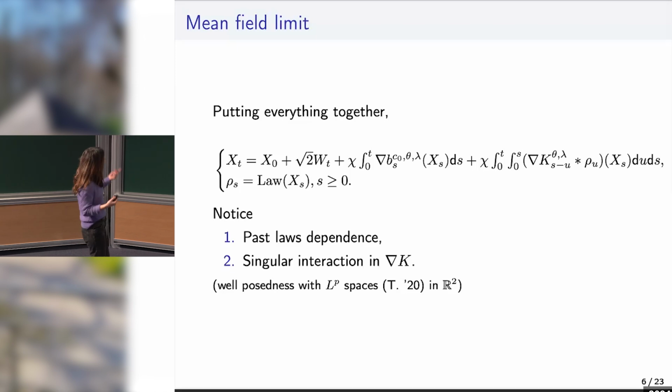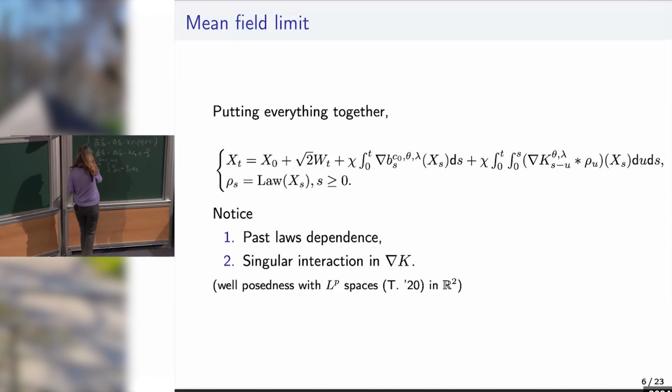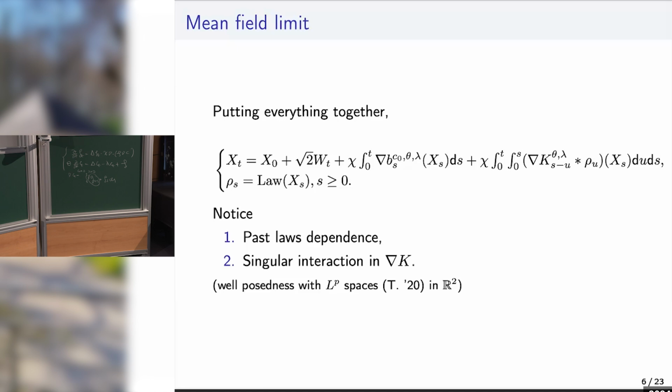And then you have another inconvenience, and that is that the way your typical particle interacts with the law is through the derivative of something, basically the gradient here. So it's the derivative of the heat kernel, and you need to integrate it in time.